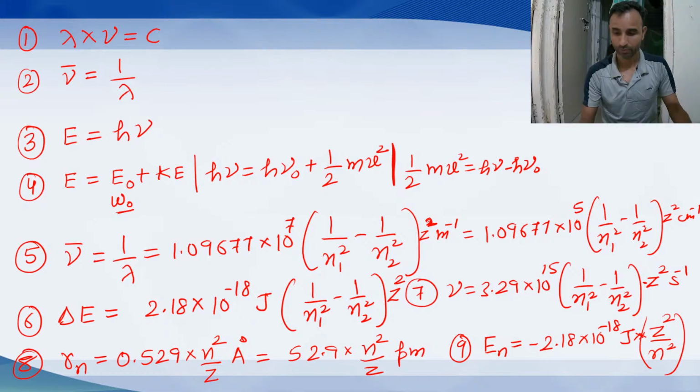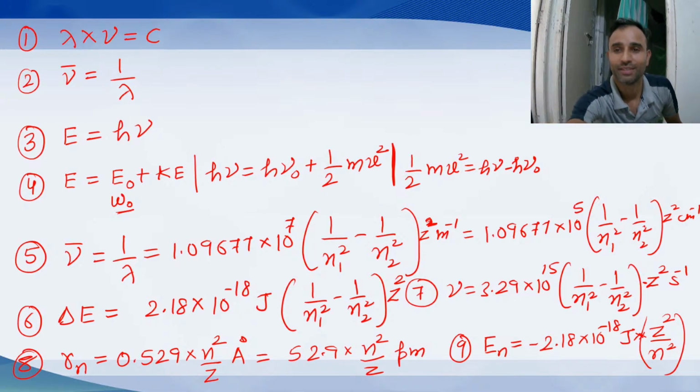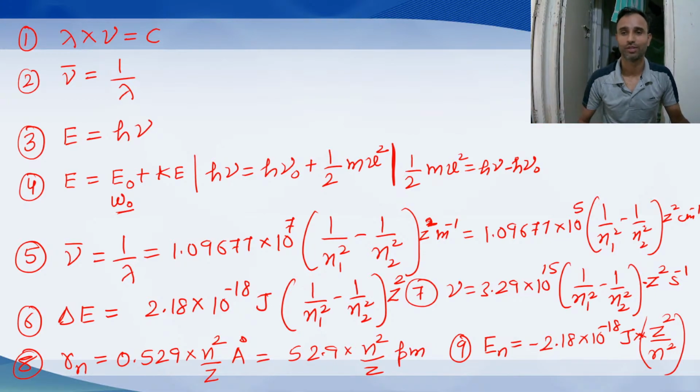Okay, so this is all about today's lecture. Today we have covered Bohr's atomic model, its achievements, its limitations and failures, and what he predicted, like radius of the nth orbit, energy of the nth orbit, how much energy is released or absorbed when an electron jumps from one level to another, what is the frequency associated with it, and what is the wave number associated with it.